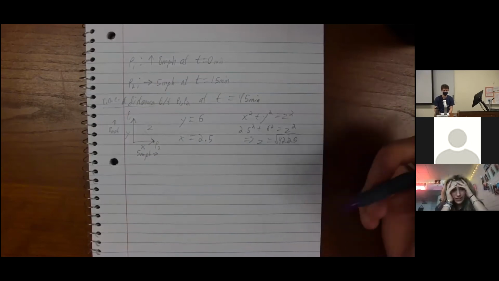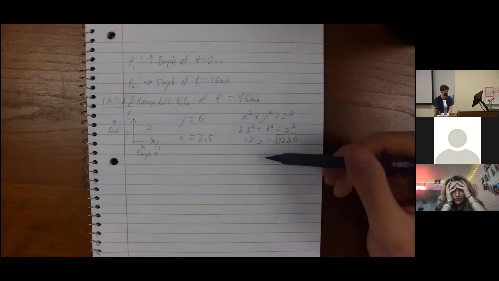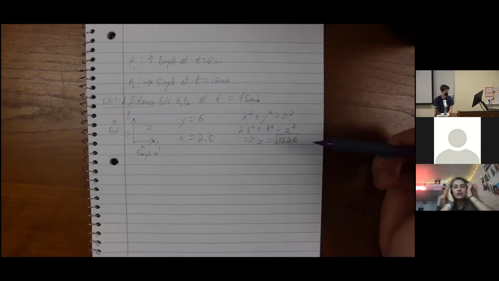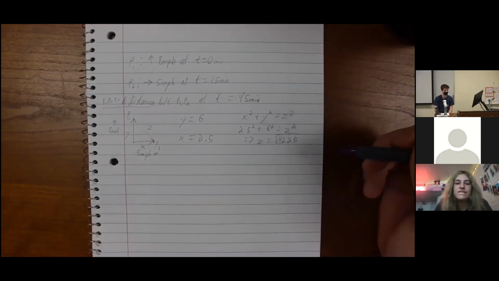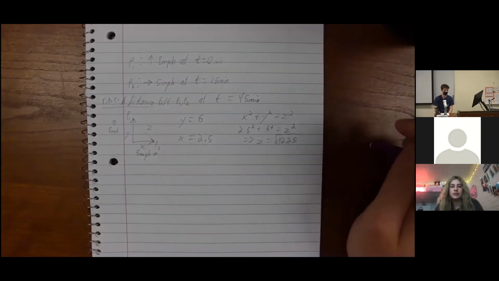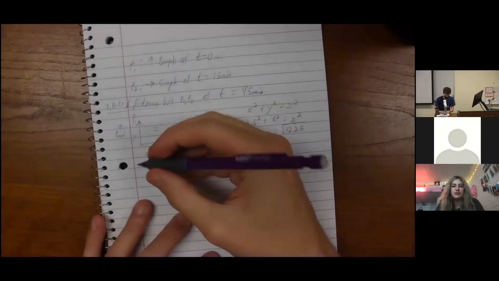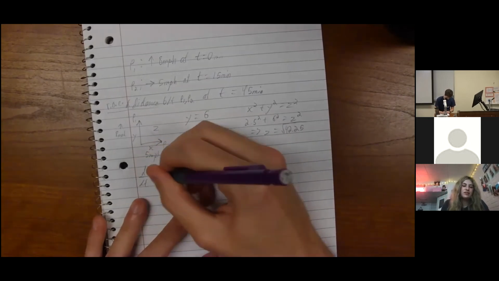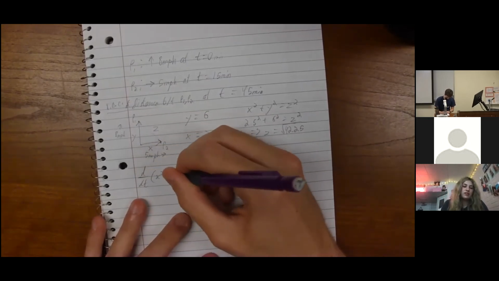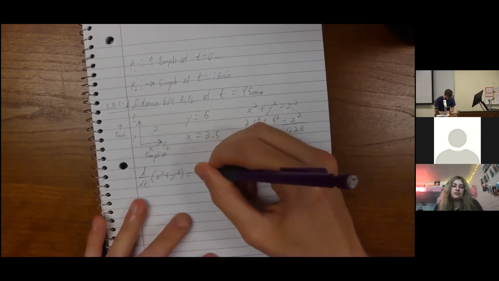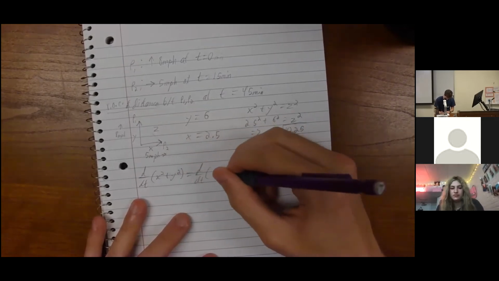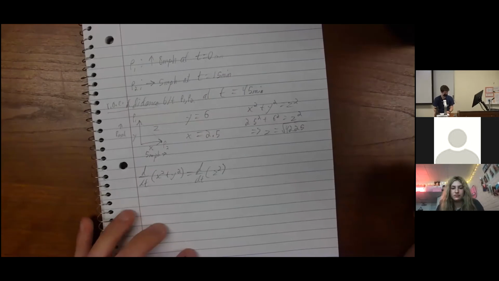So we have the distance between the two. Derivatives, maybe? Okay. So what do I take the derivative of? It's already written on the page: the Pythagorean theorem. Exactly.